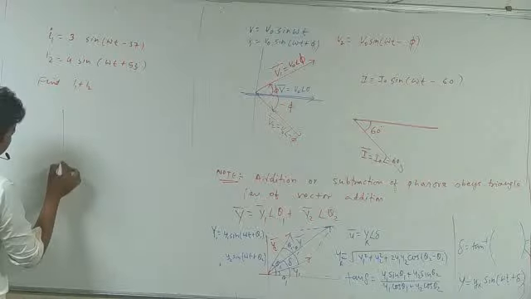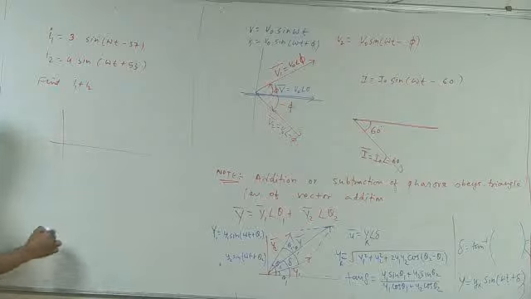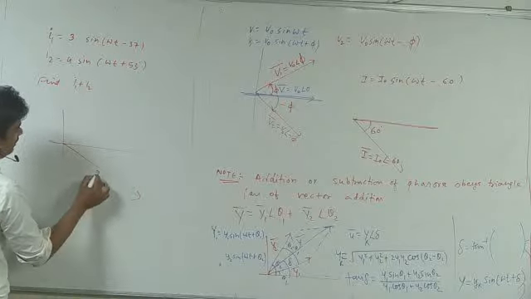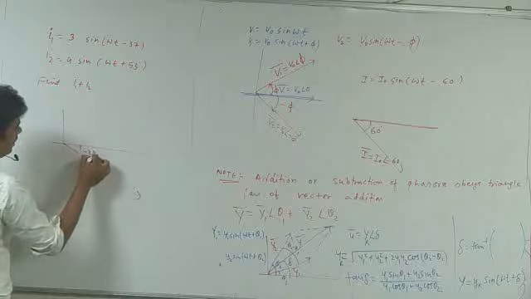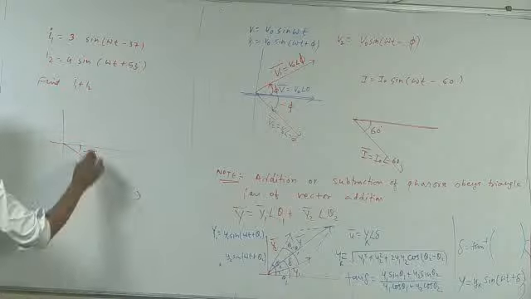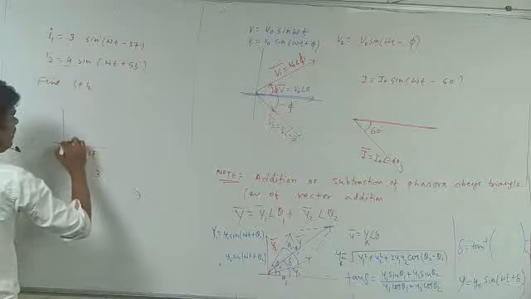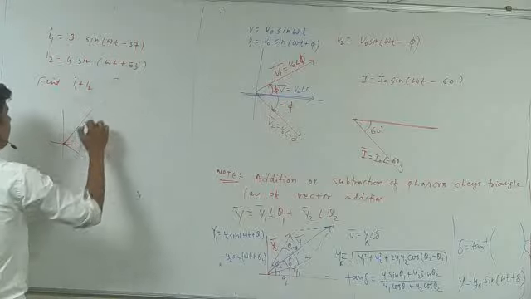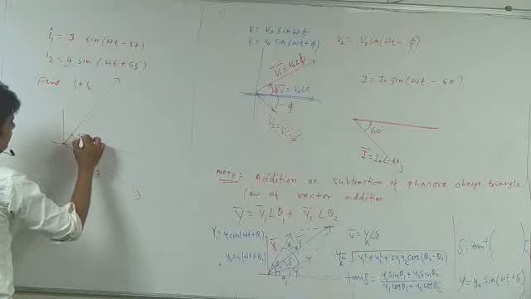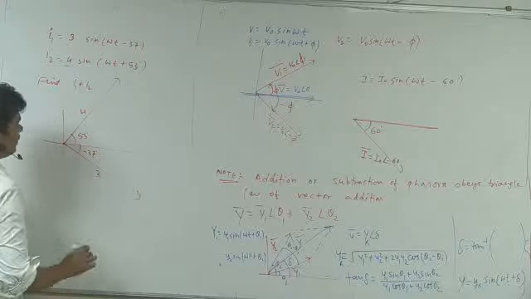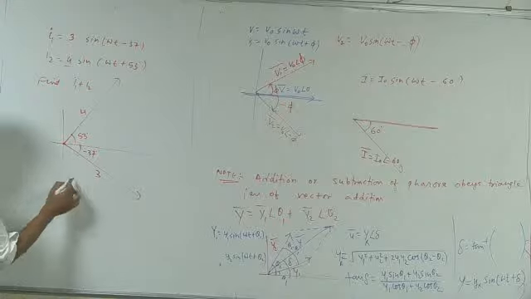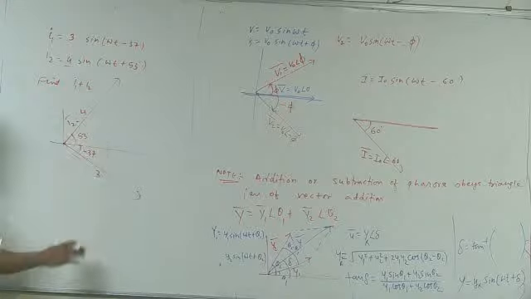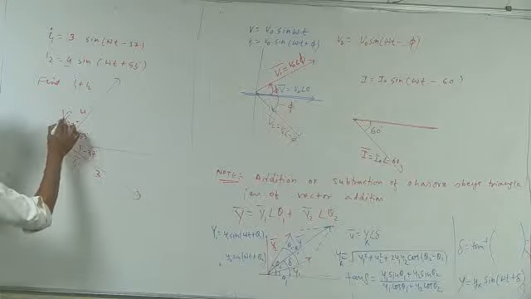So first I will represent them in vector form. I1 is how much? 3. Angle is how much? Minus 37. So this length is 3 and this angle is minus 37. This length is 4 and the angle is 53. You can see the two vectors, I1 phasor and I2 phasor, are 90 degrees to each other.